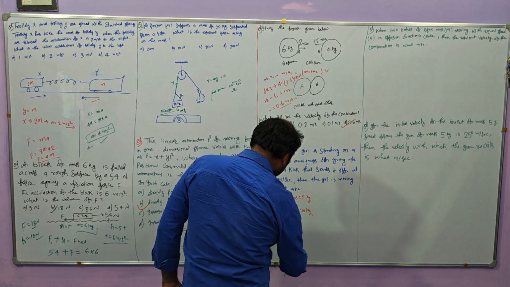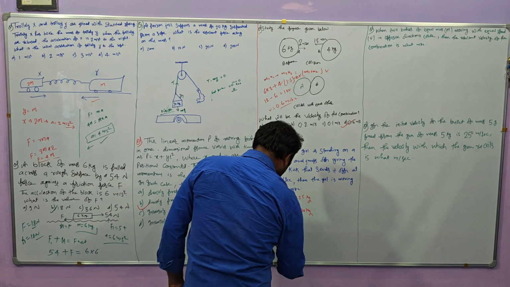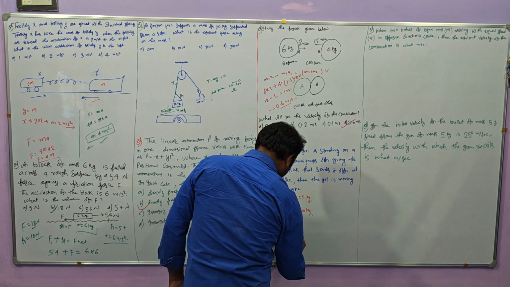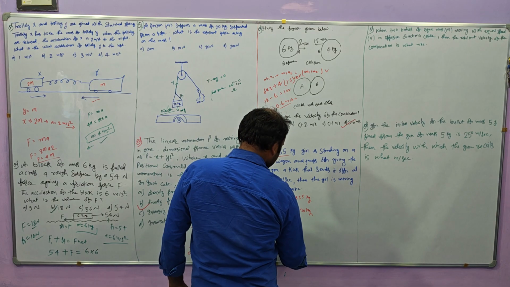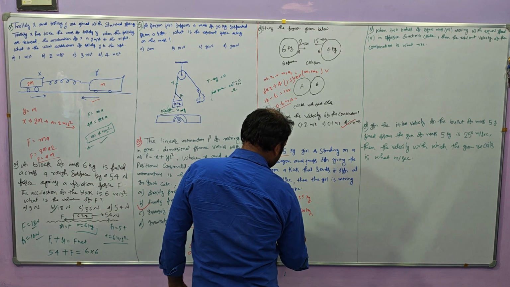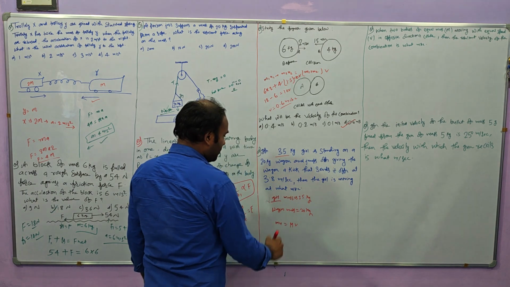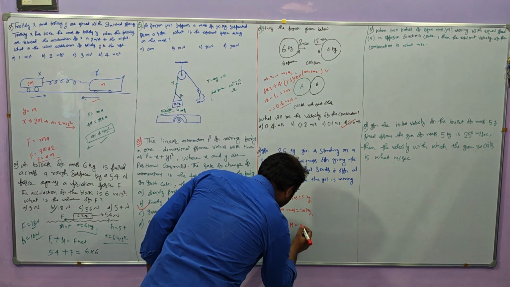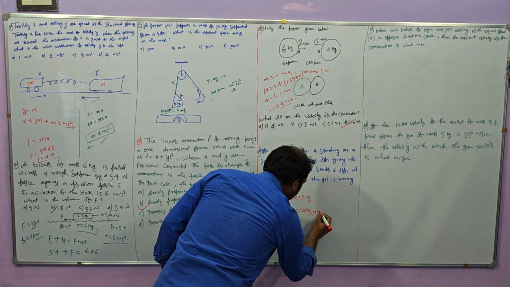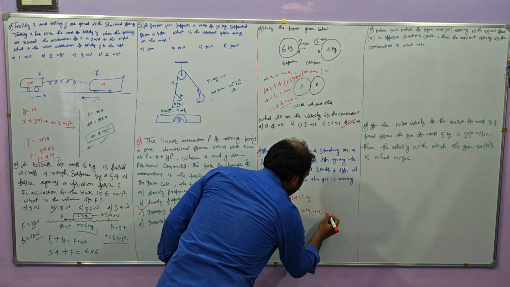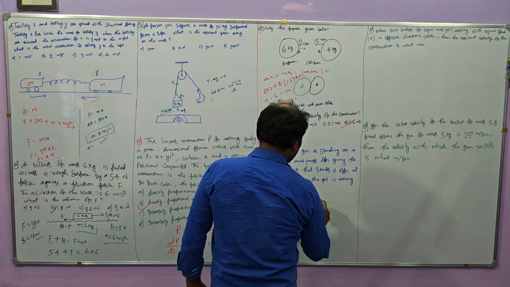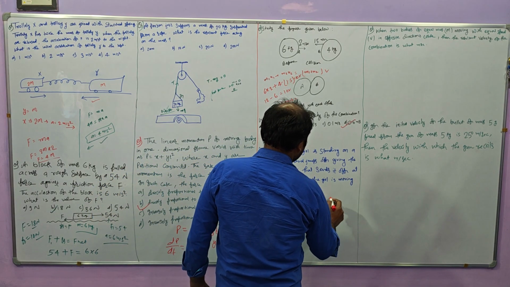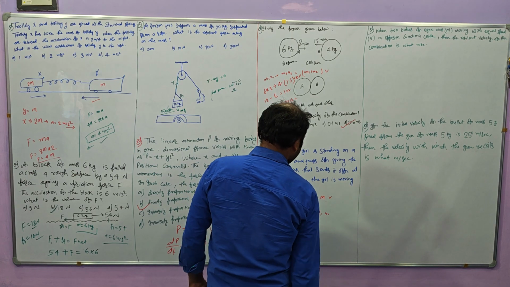The mass of the wagon is m and speed is u, then the mass of the girl is m and speed is v.